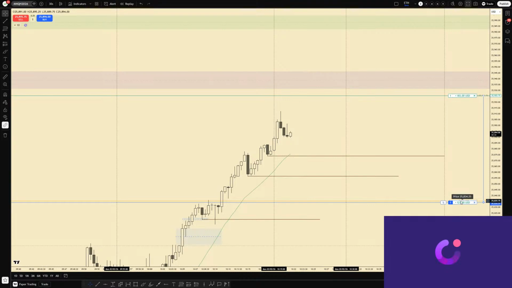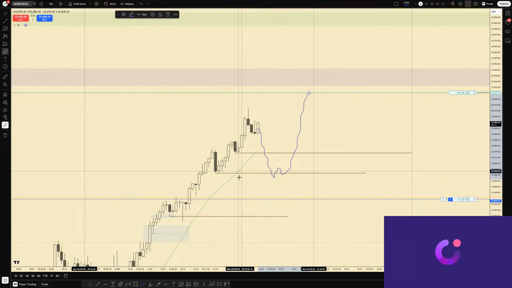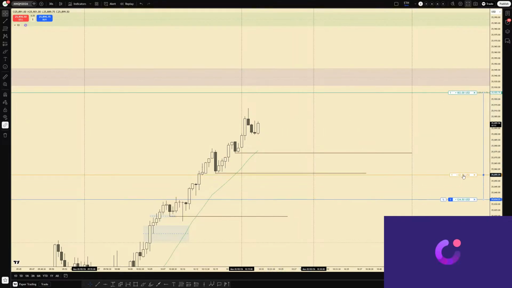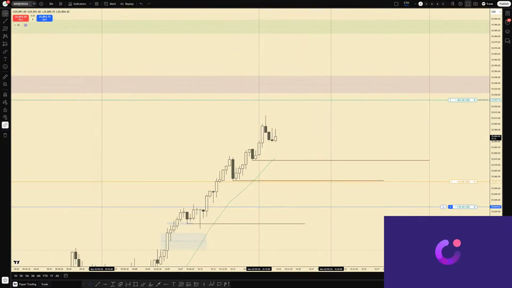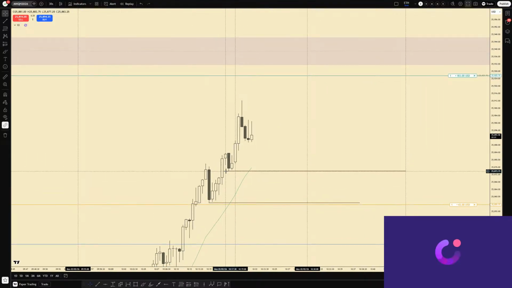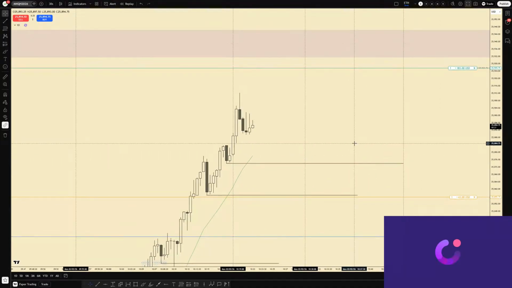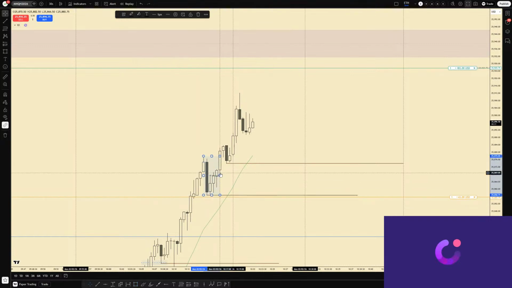So if price is going to take out this and then go back higher, I just simply don't want to be inside of this move. So I will move my stop loss to here, because I see that there is already a tap low here, and I would like to see this zone holding the price.